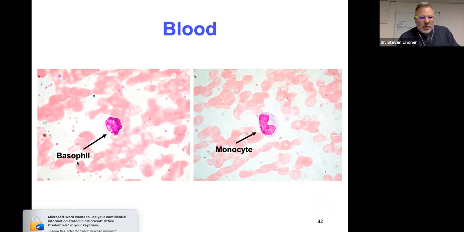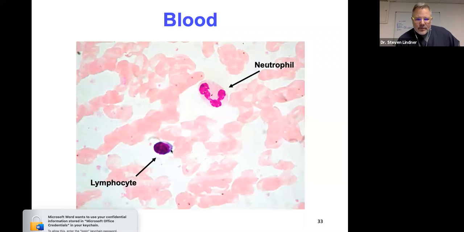Because it's obscured, we call it a basophil. Remember, the nucleus and the granules appear as one. You can't really differentiate them too well. That's a basophil. But here's your kidney bean-shaped nucleus. Pretty large. There are no granules in the cytoplasm. That's a monocyte.